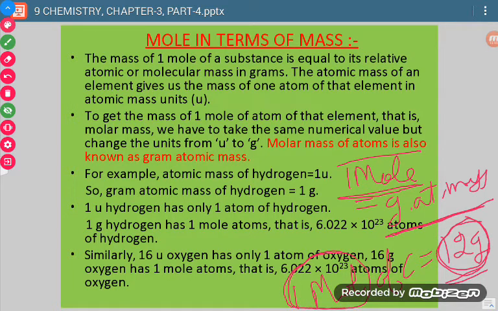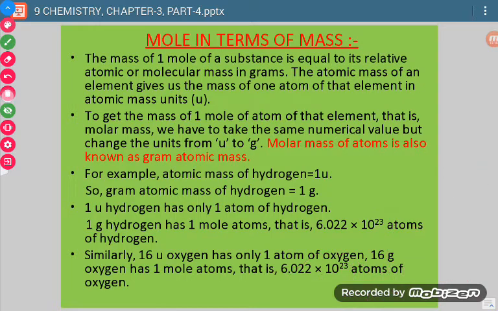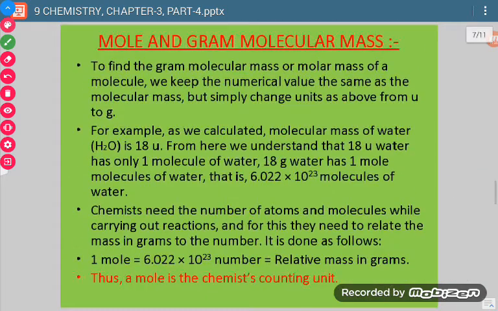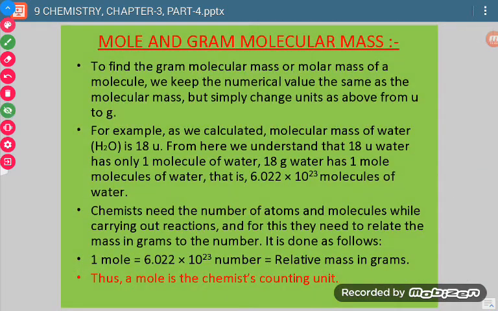Similarly, if there is a molecule, then in the same way, gram molecular mass is equal to molecular mass expressed in grams. Just like in case of water, its molecular mass is 18 AMU.